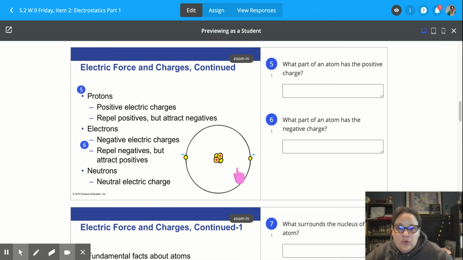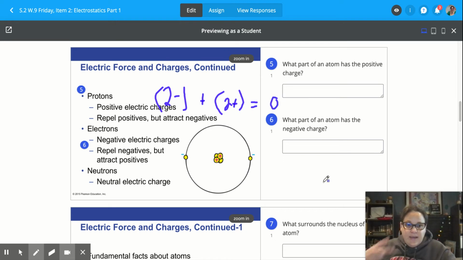Now, in a neutral atom, the electrons equal the protons. So you can see in this picture, there are 2 electrons, 1, 2, and 2 protons, 1, 2. So this is essentially, if I do 2 negative, and then I add to that 2 positive, then the sum would be 0.